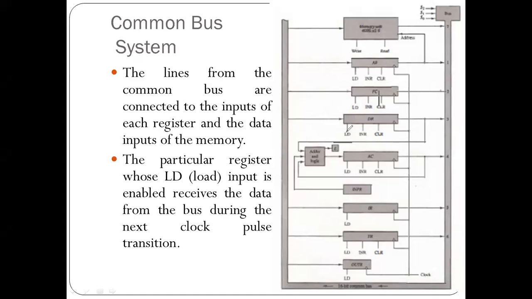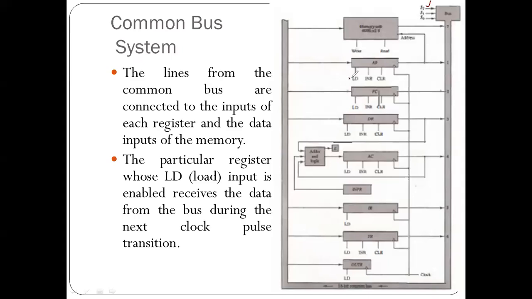Am I clear? Yes, ma'am. Any one of the registers or the memory is selected to place data onto the common bus by using the select lines. The available data on the common bus will be accepted by any of the registers or the memory as and when the corresponding load control signal is active.